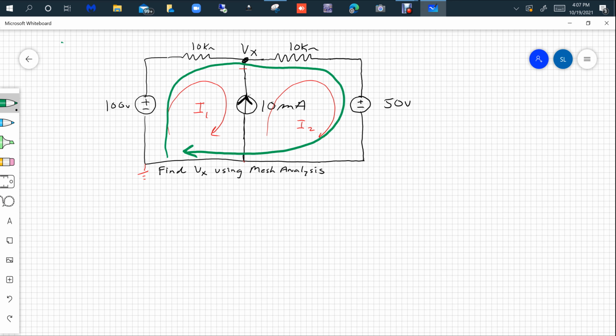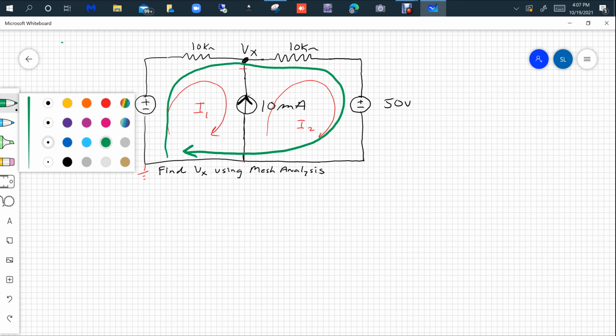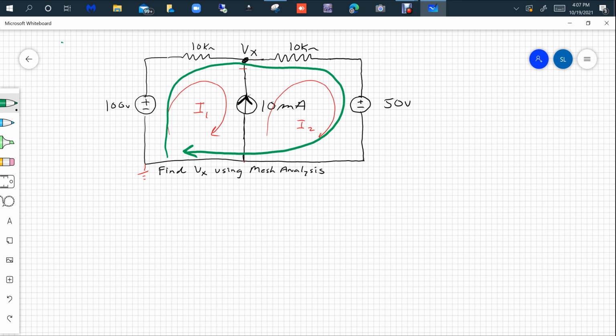When you do an analysis with the supermesh, the first thing you do is recognize that you have two currents flowing through the 10 milliamp source, and I2 flows in the same direction as the 10 milliamp. So the first equation I'd write is I2 minus I1, and that's going to give you your 10 milliamps. There's your first equation at the supermesh.